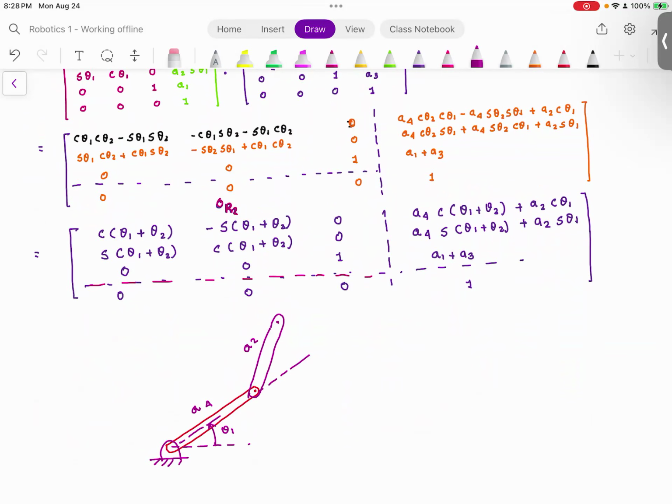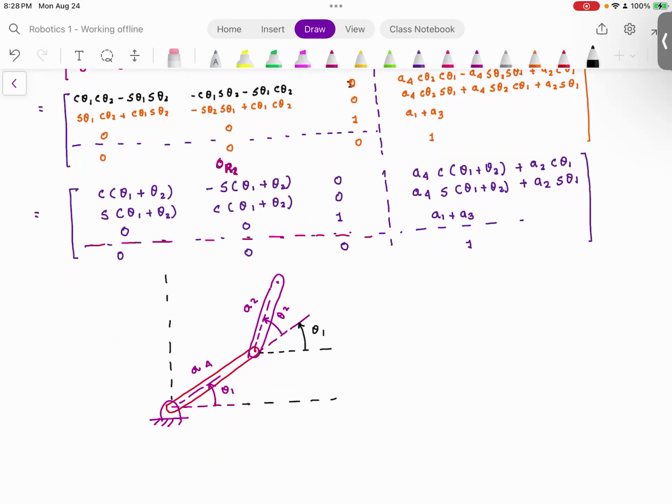This is your theta 2. And your initial frame is this. So this is your initial frame. Now if you look at this angle, it's the same as theta 1. So this is your x-axis, this is x naught, this is your y naught.